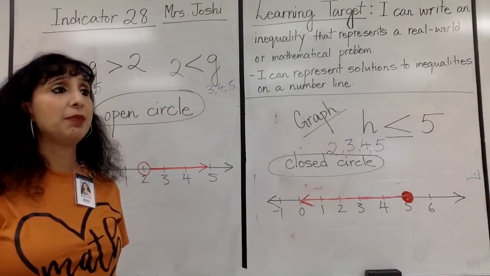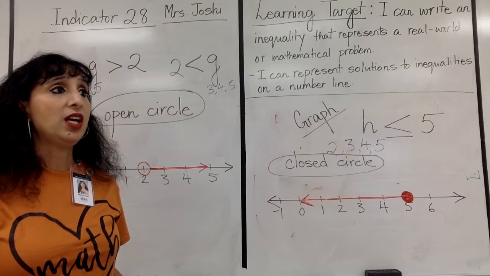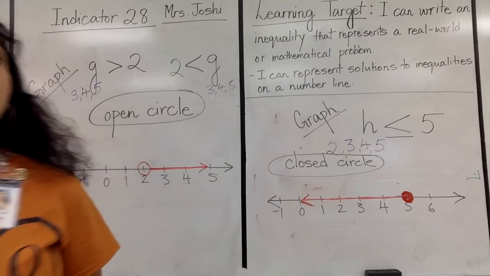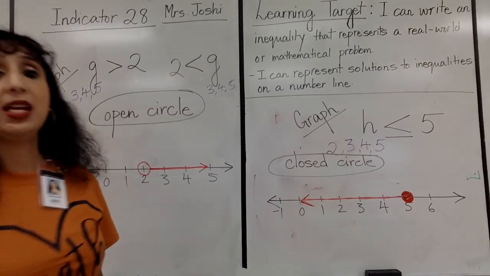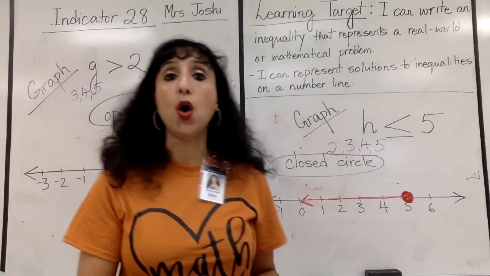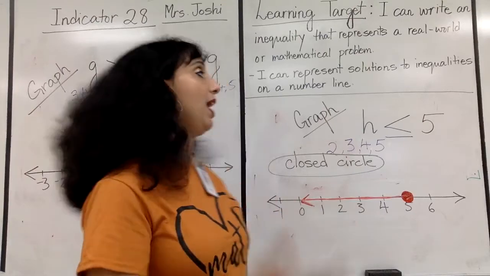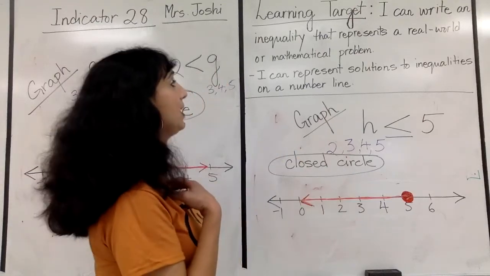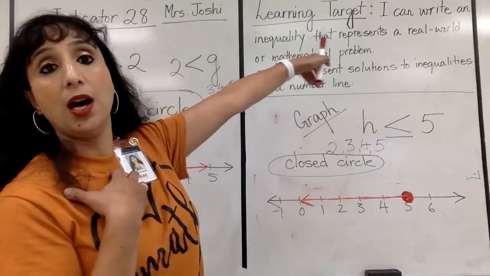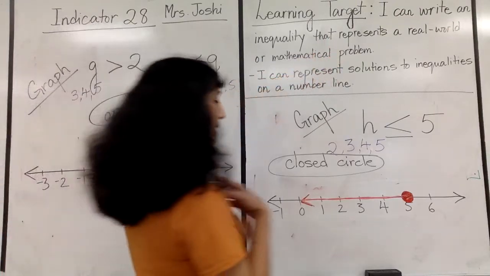Okay, so I'm just going to give you an example because literally you have this all the time. An airplane can carry no more than 500 passengers. If I have something like that, I'm relating this to a real world situation.